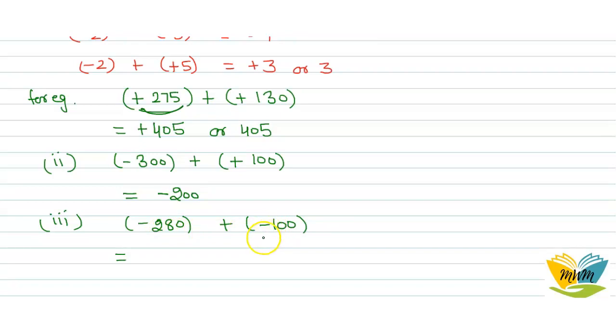Minus and minus means plus. So we will add both the numbers. When 280 is added to 100, we get 380 and the greater symbol is of negative sign. So we will put minus with 380 and get minus 380 as the answer.